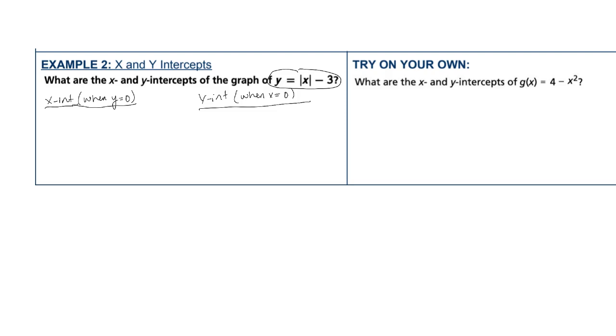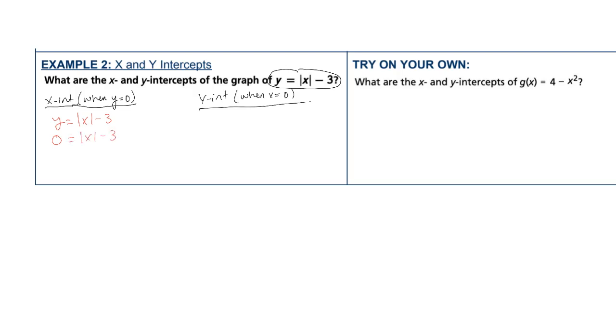Vice versa, for our y-intercept, we're going to substitute in 0 for x, and then solve for y. So first I'll write our function: y equals the absolute value of x minus 3. I'm going to substitute 0 in for y and then solve for x.